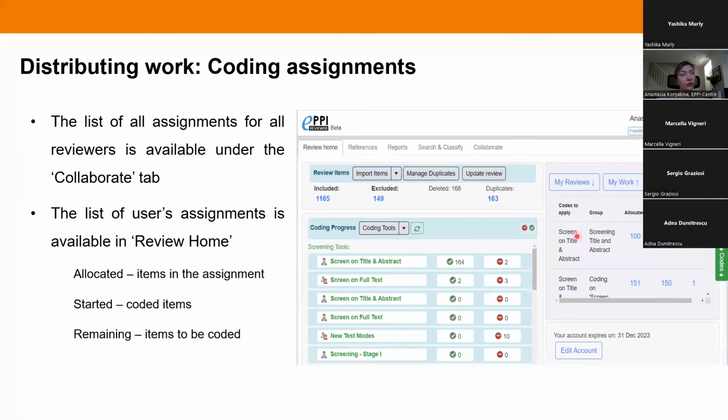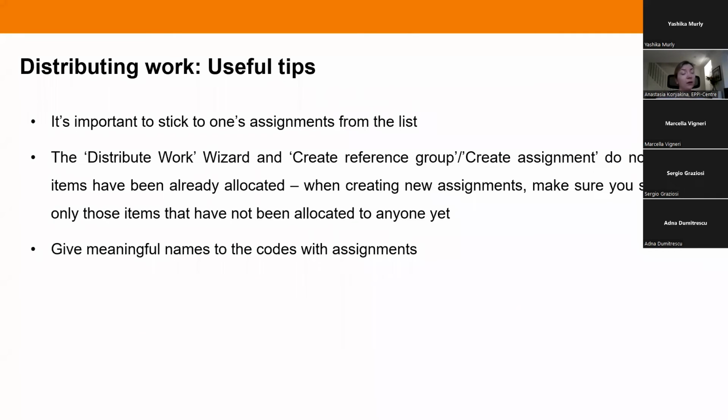And that's the way that they should access their assignments. That's the way that will allow you to avoid any kind of overlap. So just some important notions before we continue. As I said, it's very important that all reviewers stick to their assignments and do not use any other way of obtaining references to screen, because otherwise it will create a lot of overlap, and that's a bit of a messy thing to deal with.